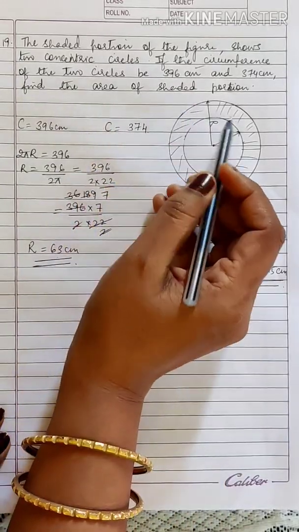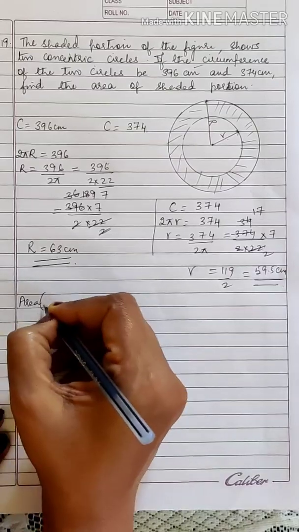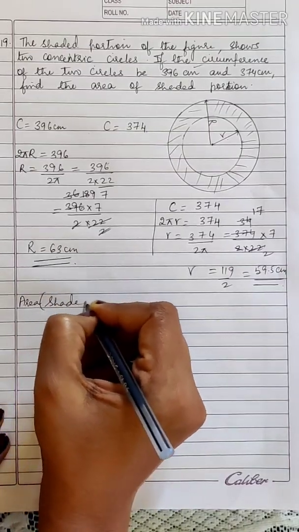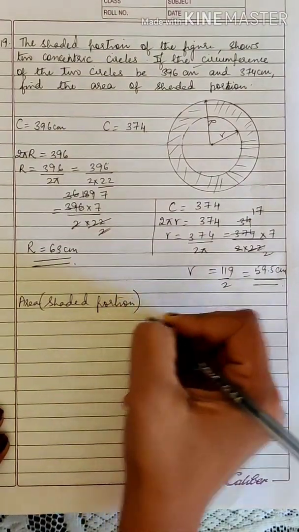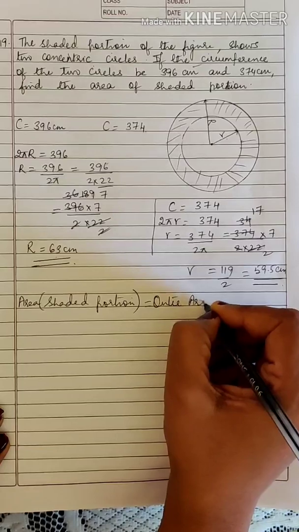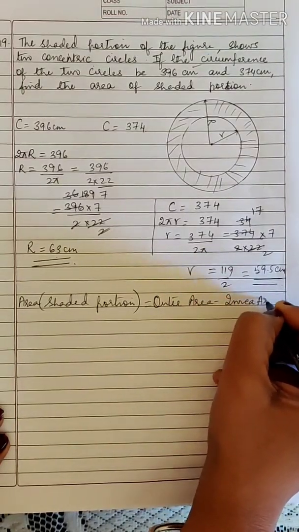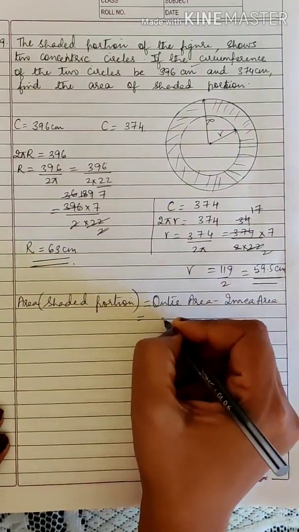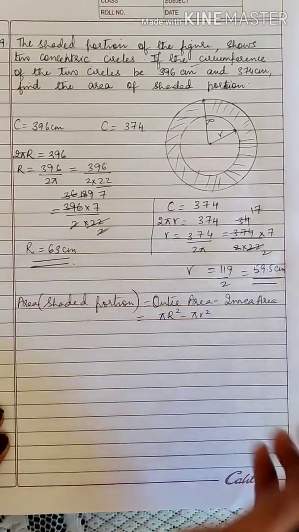You are supposed to find the area of the shaded portion. So area of the shaded portion will be equal to outer area minus inner area, which will be pi R square minus pi r square.